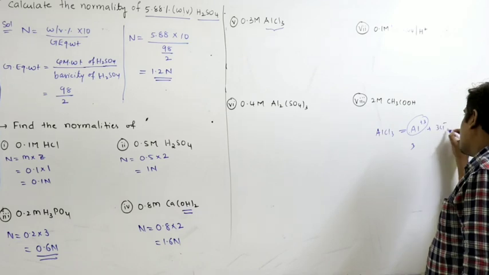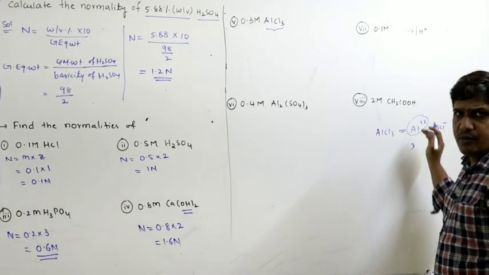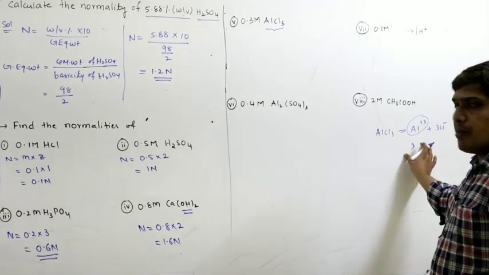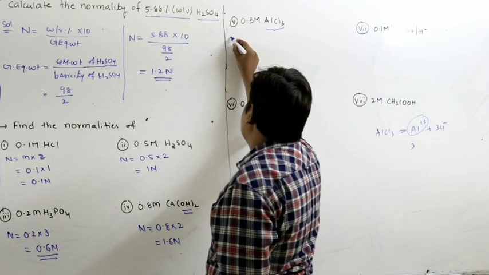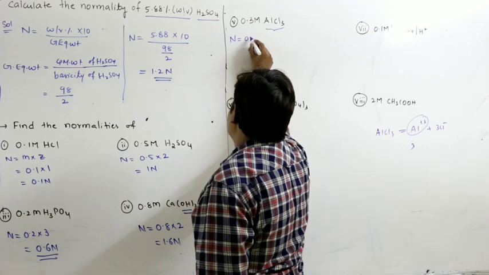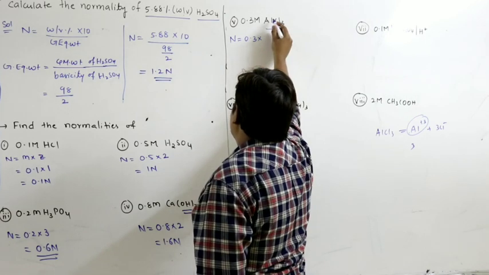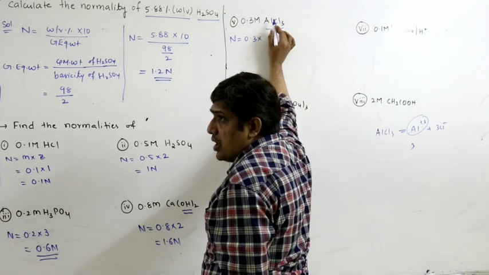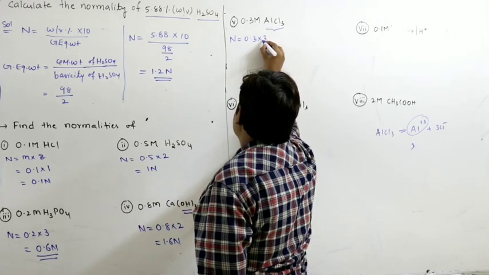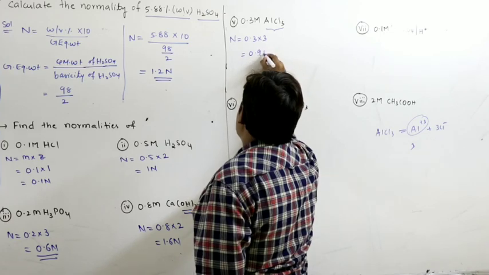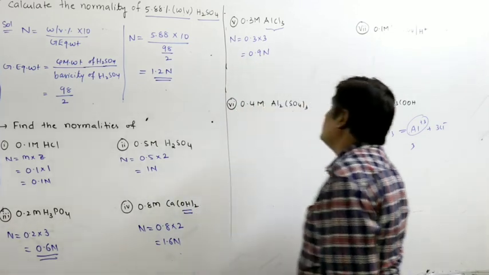Or total negative charge 3 into minus 1, minus 3, but we have to take magnitude. So, total positive charge or total negative charge is 3. So, normality equals molarity, that is 0.3 into its valency. What is the valency? Magnitude of the charge on cationic part or anionic part, that is 3. So, we will get 0.9 normal.